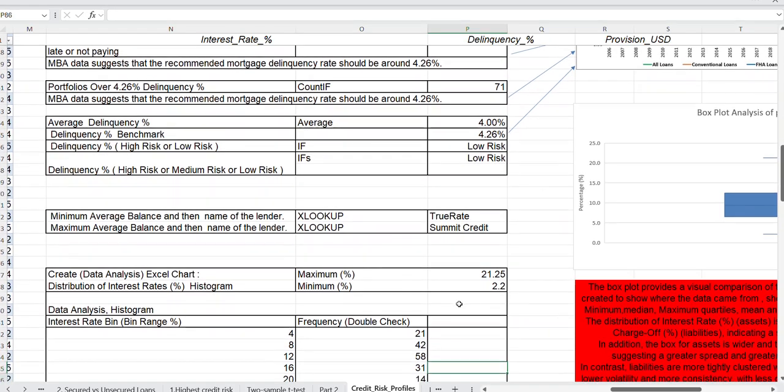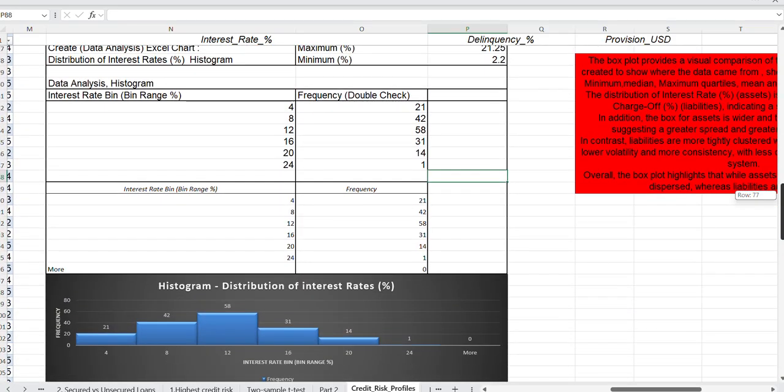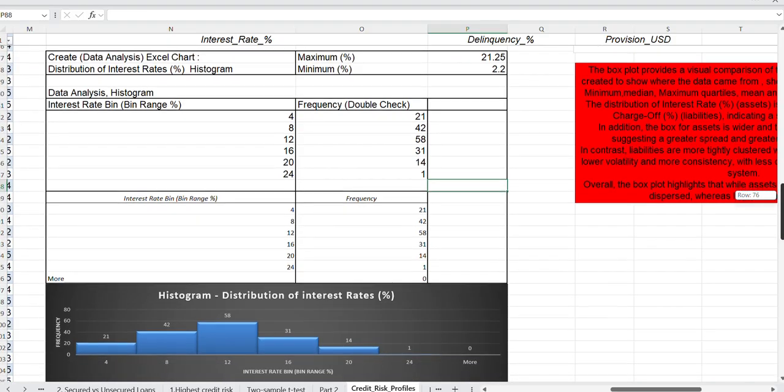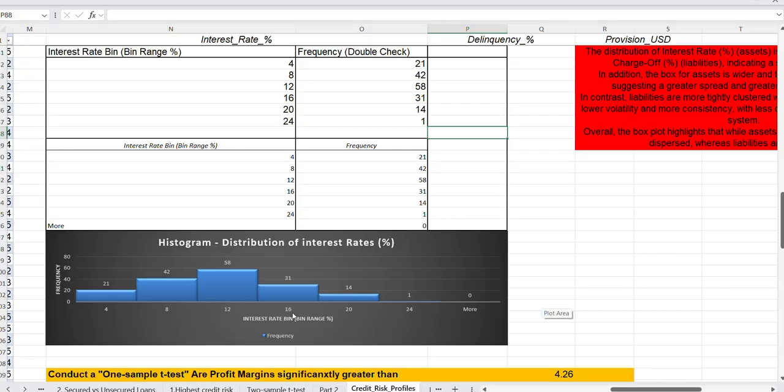Next is part 3 of our analytics. I created a histogram chart here, and the histogram is of interest rate. It shows you this nice visualization instead of just numbers.